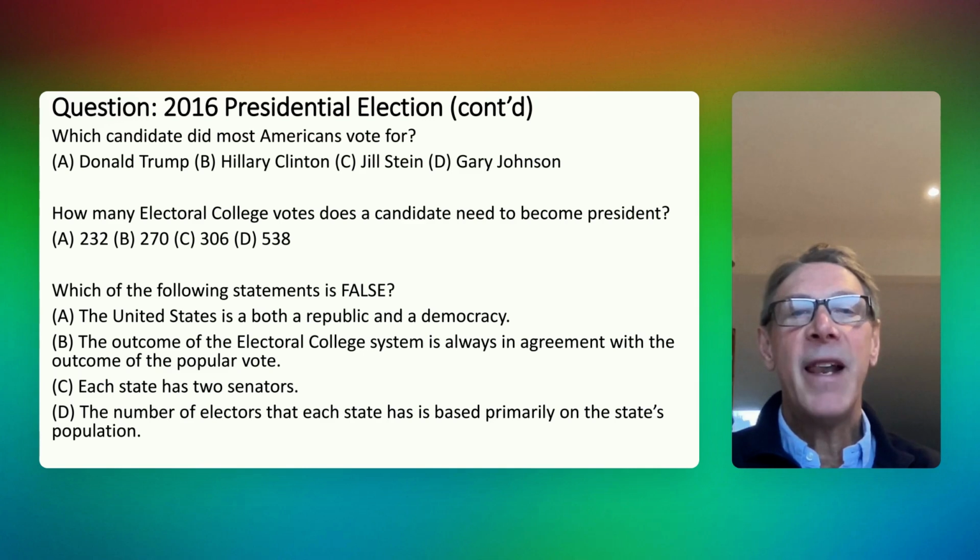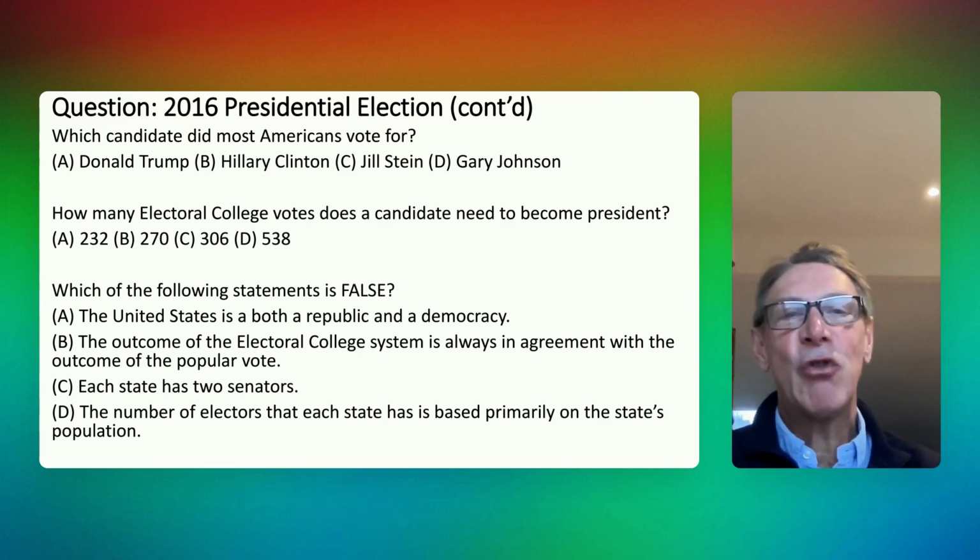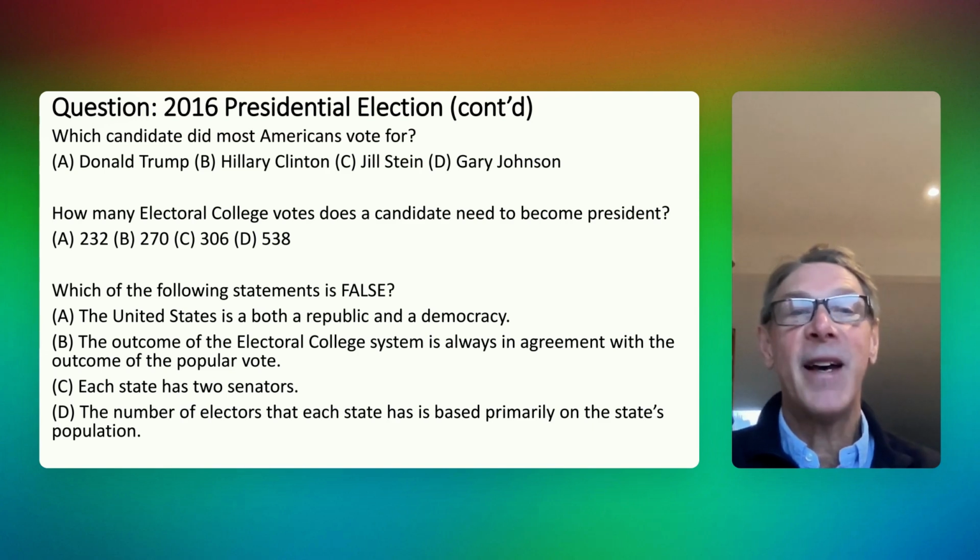B, the outcome of the electoral college system is always in agreement with the outcome of the popular vote. Well, we've just been through that. That's the strange system in America, where the electoral college system means that occasionally, and 2016 was an example of that, it's not in agreement with the outcome of the popular vote.